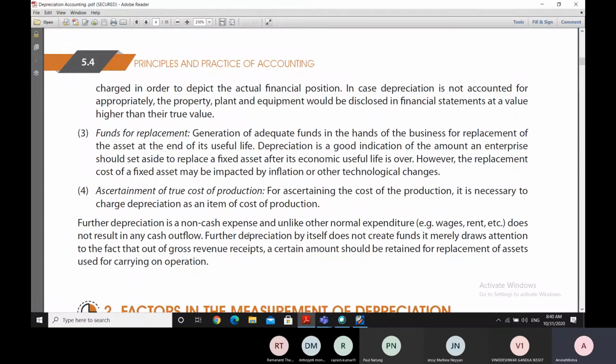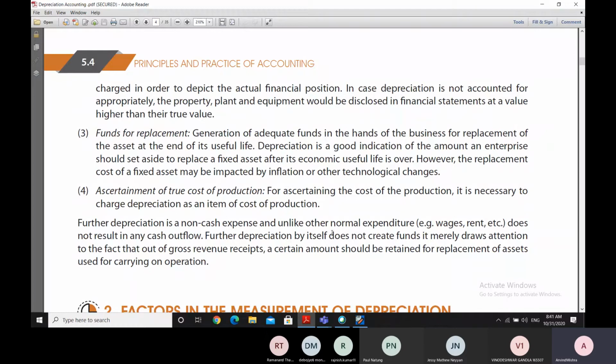And of course, we know that depreciation is an expenditure of the business, but it is a non-cash expenditure. And it is different from the normal expenditures like wages, rent, etc. And therefore, there is no cash outflow related to depreciation. Now, just by allowing depreciation, the funds are not created.